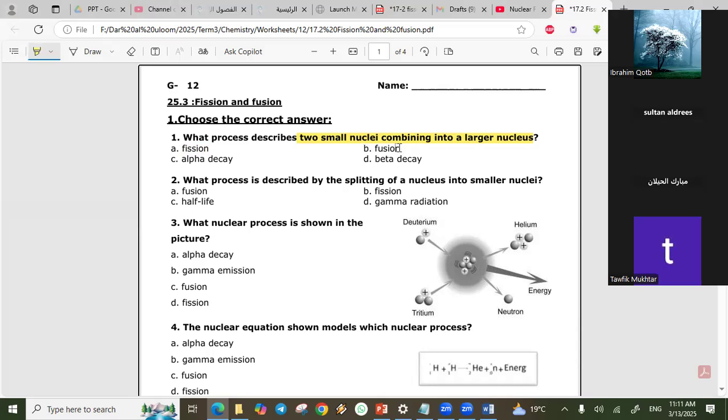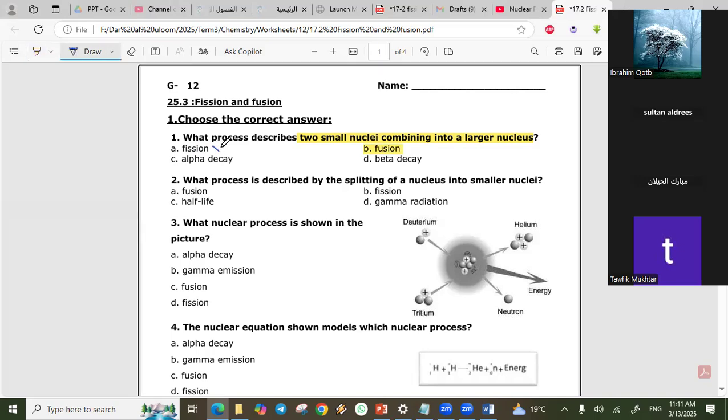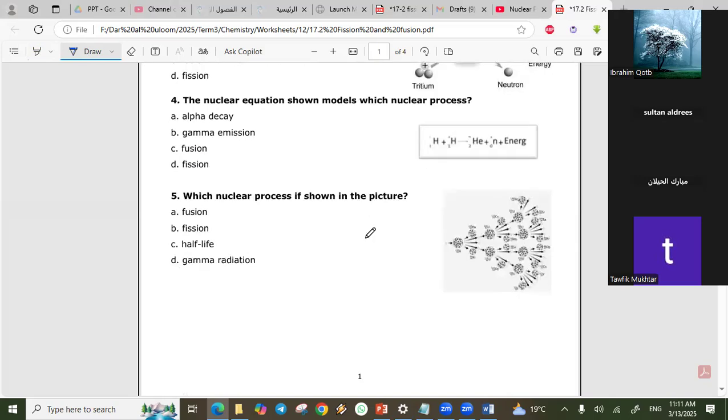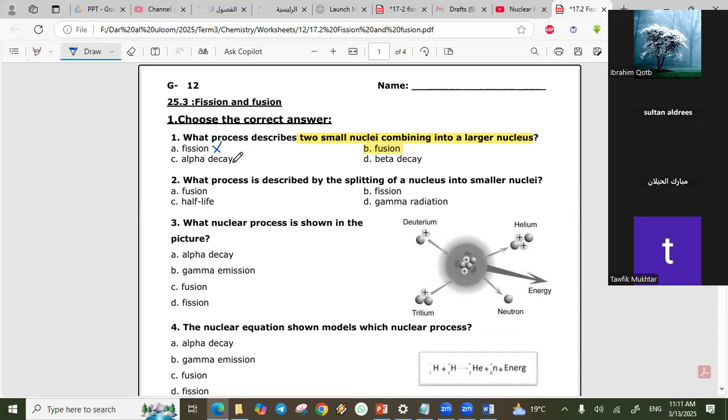This is fusion, Mubarak. Why? Because in fission, we have a large nucleus that splits into two smaller nuclei, like in this photo. Alpha decay and beta decay are not in the lesson. This is another type of radiation. So the answer is fusion, two small nuclei forming a large nucleus.